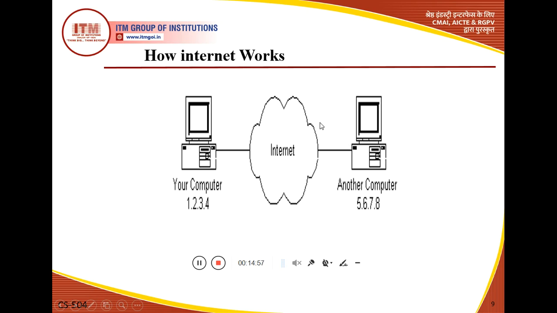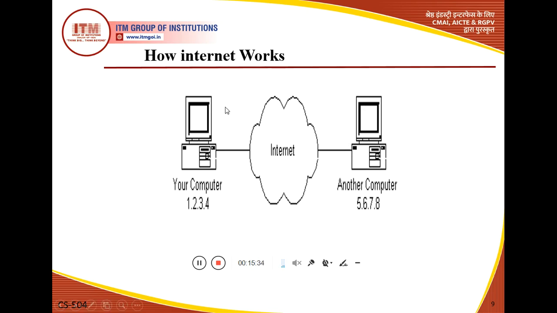When we transmit or communicate between these two computers, they are connected through the internet, because the internet is a collection of different types of networks connected together. Here this is a network, and this computer is also part of a network, as I defined in the previous slide. Here we will use an IP address.